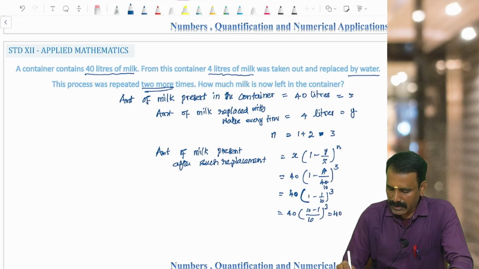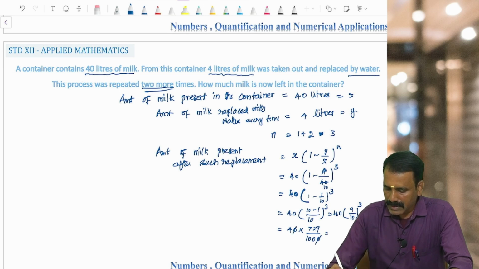That is 40 into 9 by 10 whole power 3, which is equal to 40 into 9 cube, 729 divided by 1000. We cancel 10.